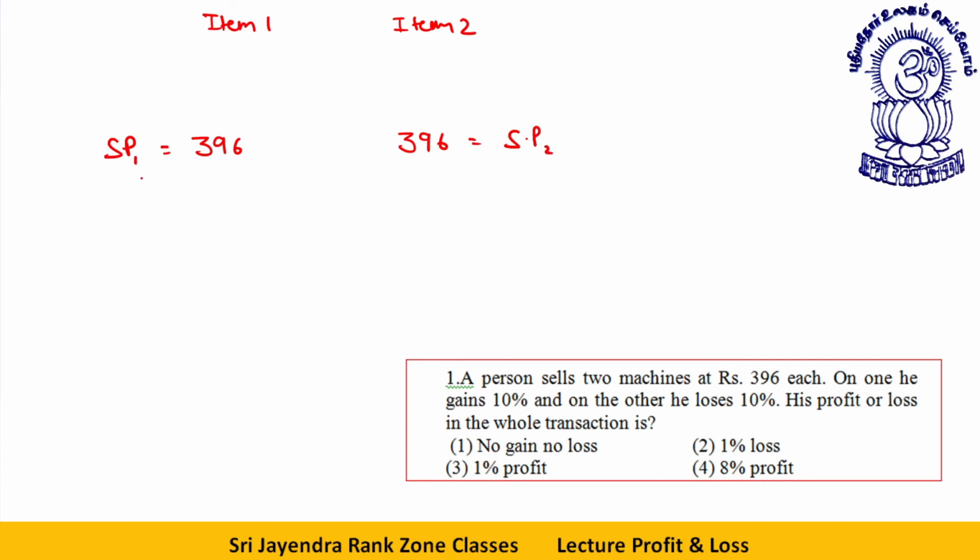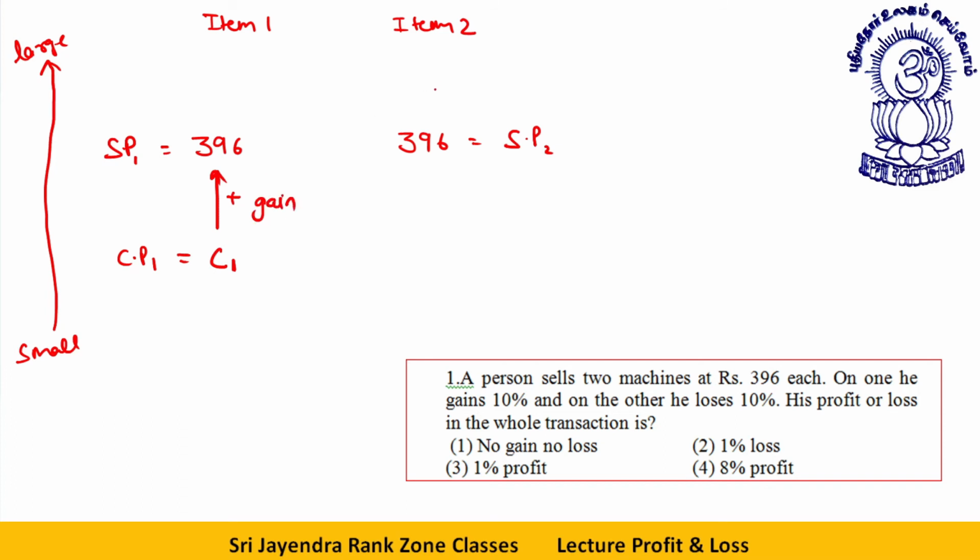Now think about it. Let's say on one article he gains 10%. Let's say this is the number line, increasing. Here we have a small number, here we will have a large number. If I earn a profit, that means my CP1 was, let's say, C1, and on it I earn some gain, so there is some addition.